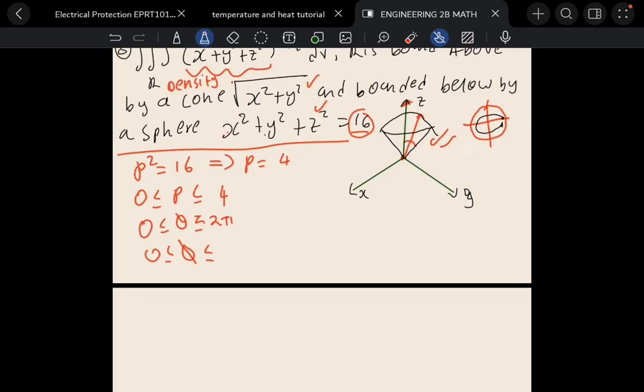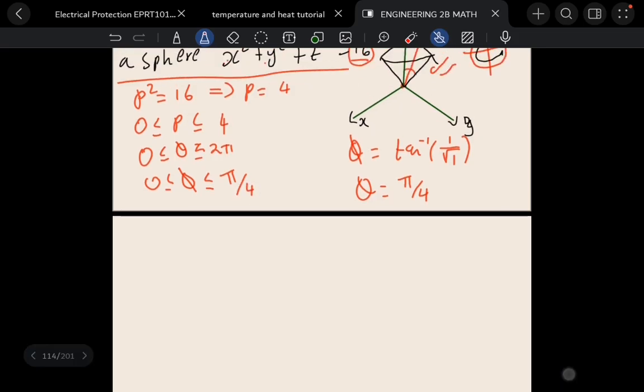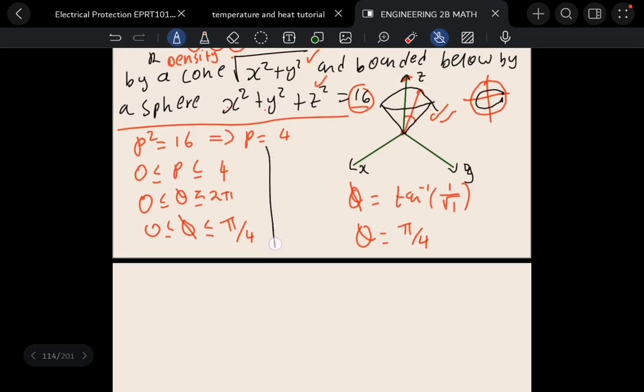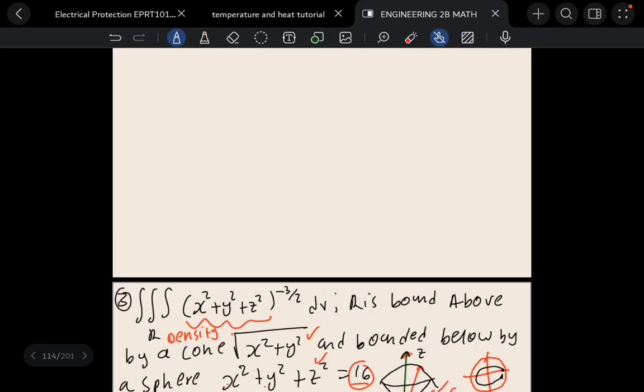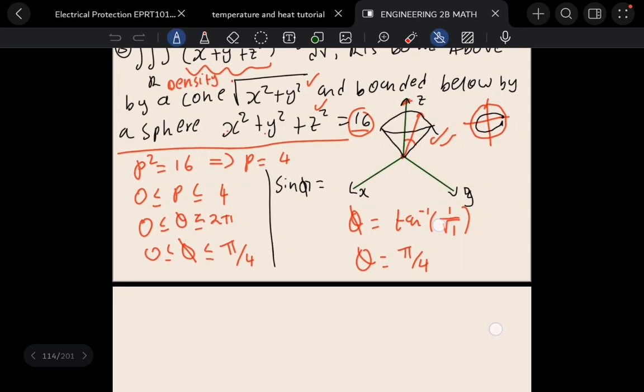So to get the value of phi, we take the arctangent of 1 over the square root of 1. What is the arctangent of 1? That is pi over 4, which is 45 degrees. So your maximum value is pi over 4. You can actually try sine. What is the equation for sine? It is 1 over the square root of 1 plus 1, which is 1 over root 2.